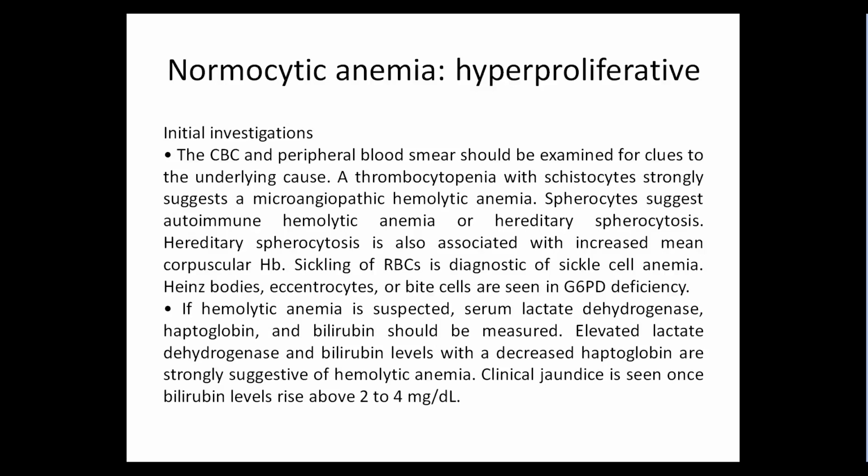Initial diagnosis. The red blood cells and peripheral smear should be examined for clues to the underlying cause. Thrombocytopenia with schistocytes strongly suggests a microangiopathic hemolytic anemia.